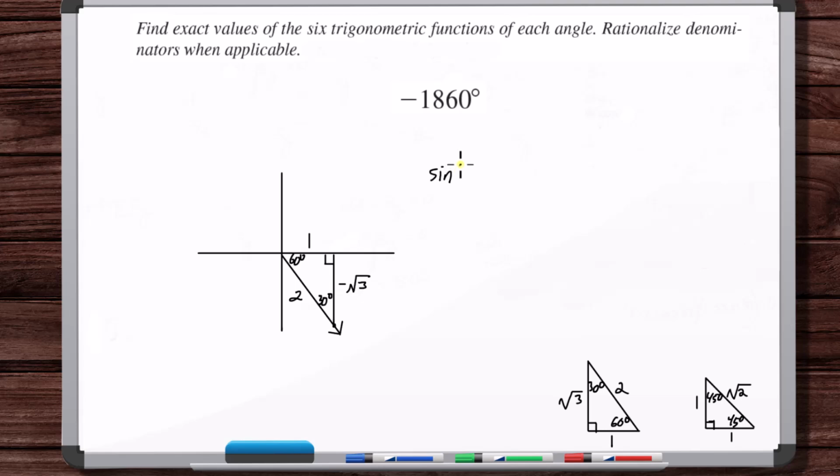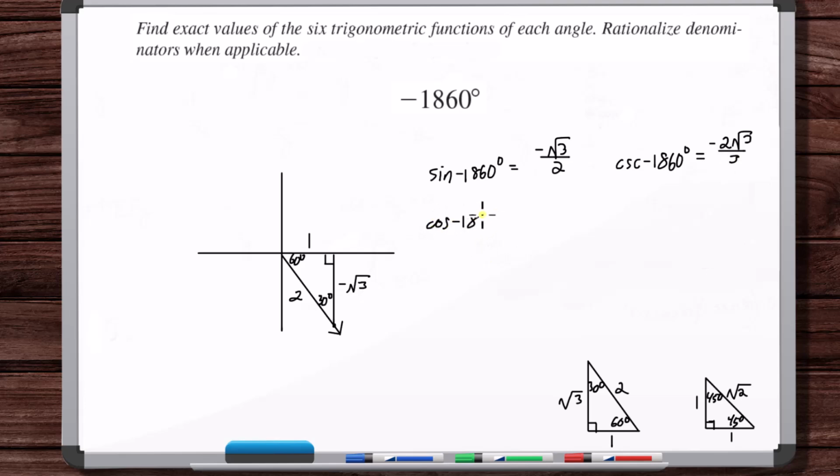So sine of minus 1860 is opposite over hypotenuse, minus root 3 over 2. Cosecant minus 1860 is minus 2 over root 3, so minus 2 root 3 over 3.